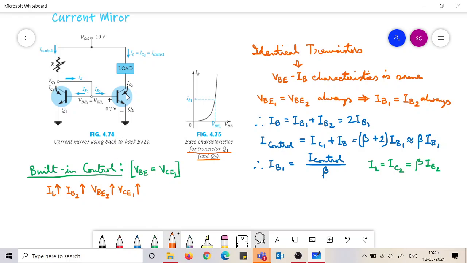We have not changed anything in R. Now VCE1 has increased suddenly. So I control is decreasing. I control decreasing means IB1 decreases.